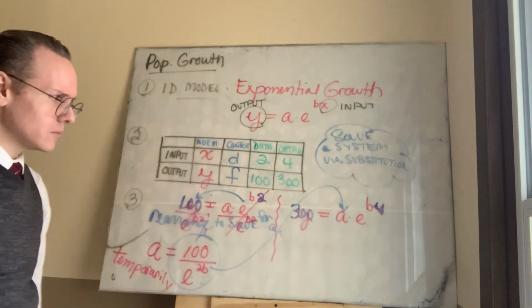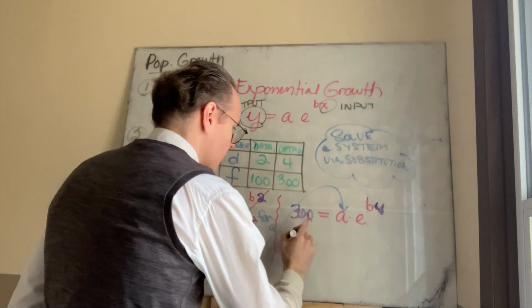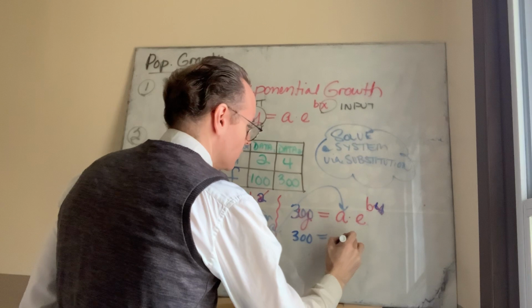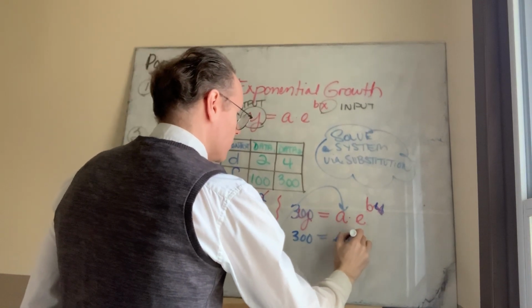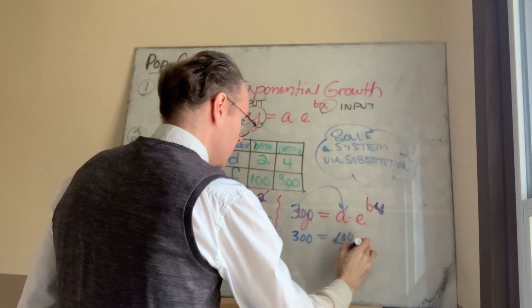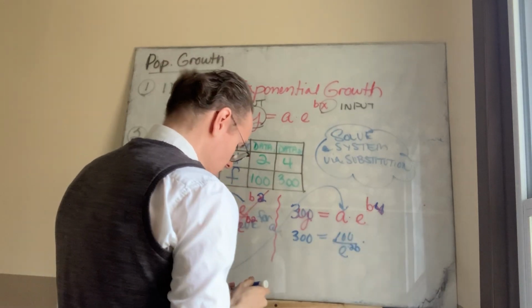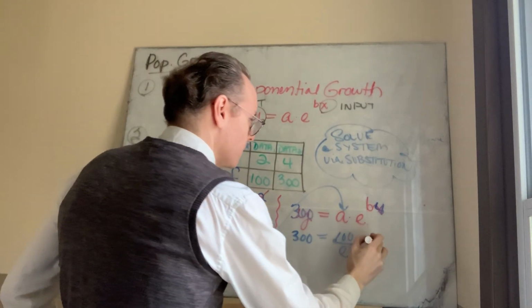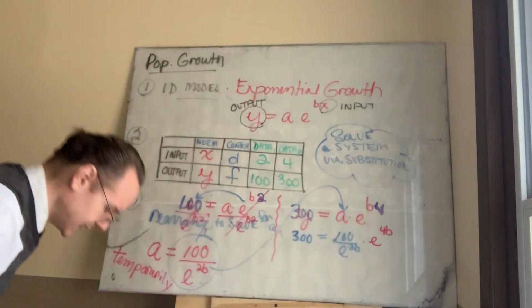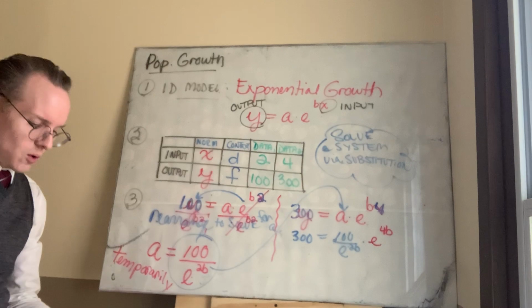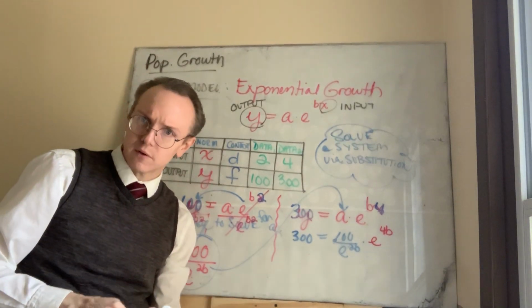So 300 is equal to this value of 100 over e to the 2B, and sitting next to it is still e to the 4B, just to conform to better etiquette. That is the coefficient up in front.